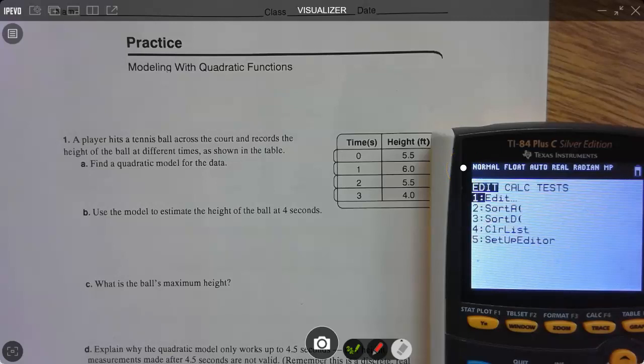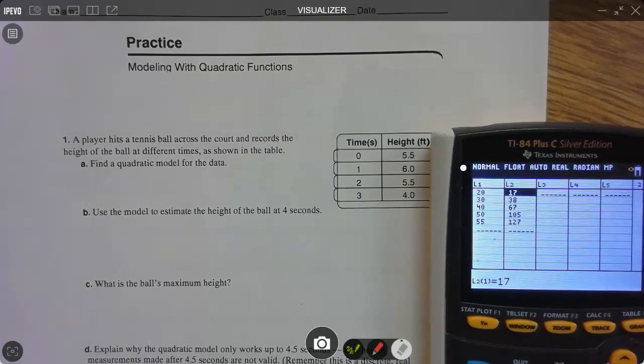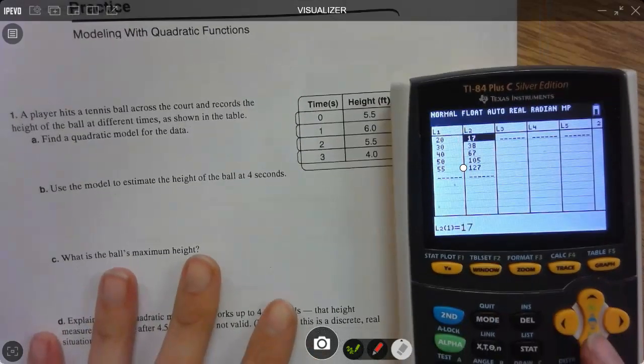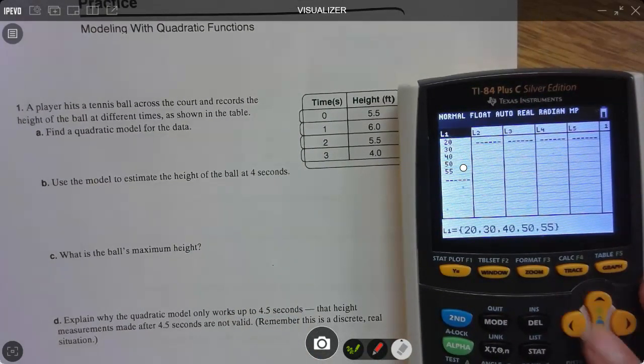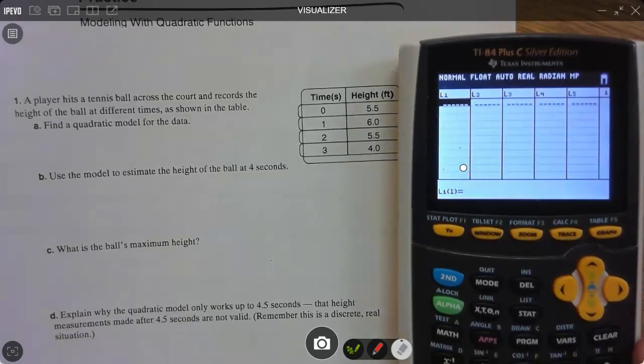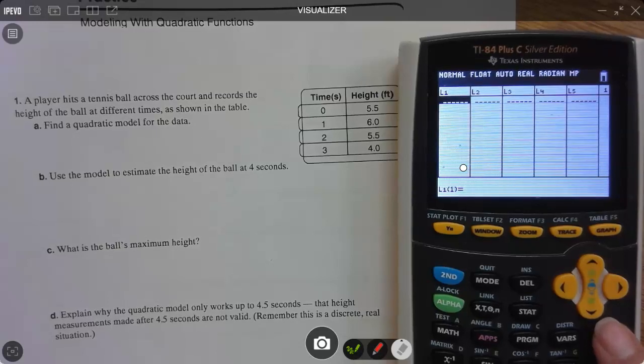So go over to our table, go to edit. We're going to clear the data in L1 and L2. Again, in order to do that, you just go up to L1, go up to L2, hit clear. I'm going to enter that data.